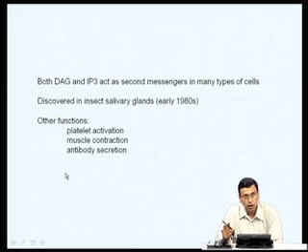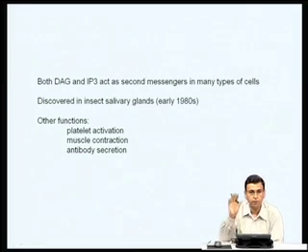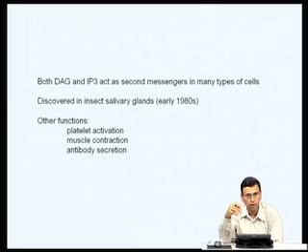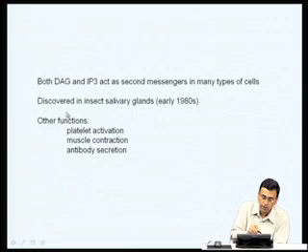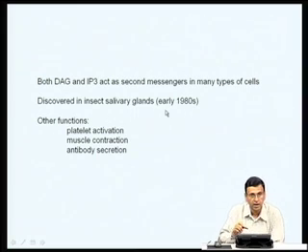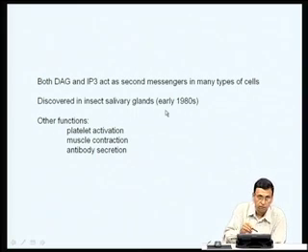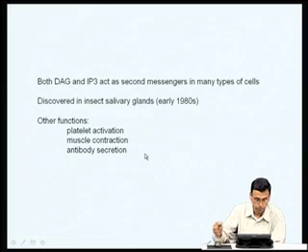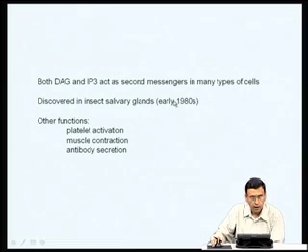Both diacylglycerol and inositol triphosphate, which have been produced by the action of phospholipase C on phosphatidylinositol bisphosphate, are very important second messengers, and they perform a number of physiological functions. These were first discovered in insect salivary glands in the early 1980s, and some of the important functions include activation of platelets, muscle contraction, antibody secretion, and so on and so forth, in addition to activation of gene expression programs.